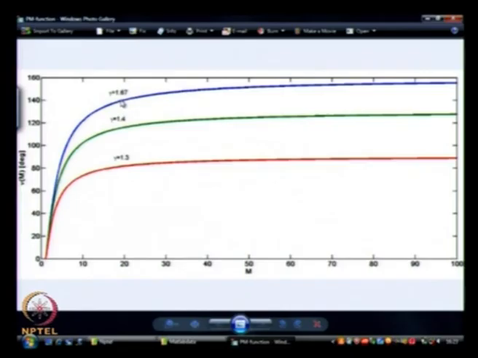What you are seeing is that the Prandtl-Meyer function drops, that is, the change in the function need not be so high to change the Mach number. Say I want to go from Mach number 5 to 10.